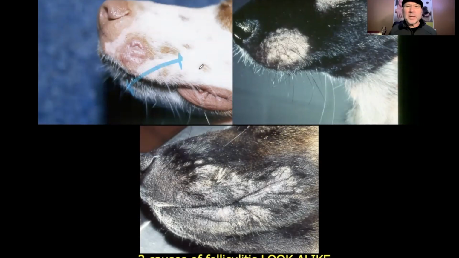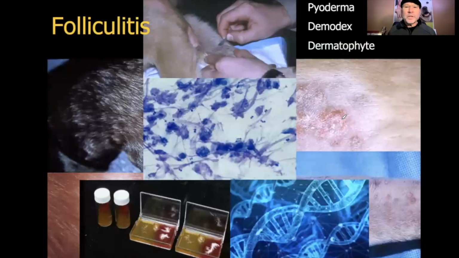Not all ringworm comes from cats. This dog has demodicosis, and we do a skin scrape to find the mites. And then this guy has perioral dermatosis caused by staph bacterial infection. So clinically, they can look exactly the same, but we're going to have to use diagnostic techniques to identify the pathogen.